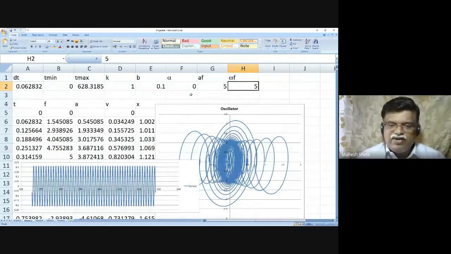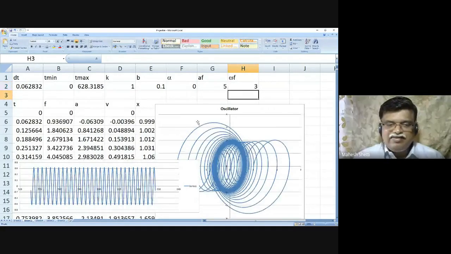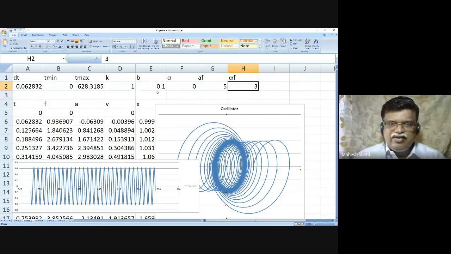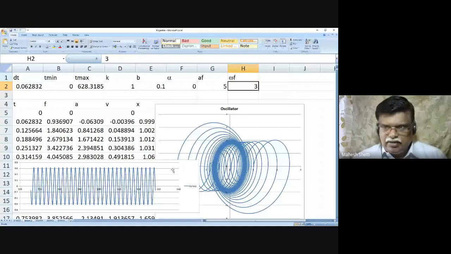Suppose I make omega f equal to 3. You will see that this frequency is reduced, because ultimately the natural frequency dies out because of the damping, and the oscillator oscillates with the force frequency, and the energy and the amplitude are all sinusoidal. Okay, so this is the forced oscillator.